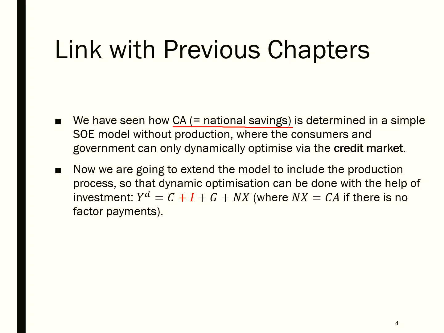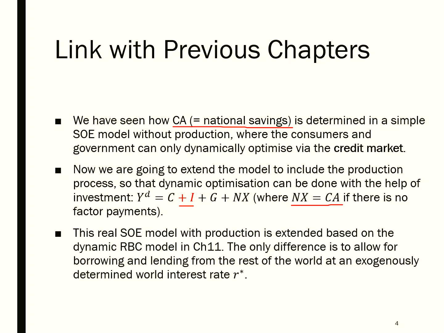This real small open economy with production is extended based on the dynamic RBC model in Chapter 11. It was called all-in-one RBC model. The only difference is to allow for borrowing and lending from the rest of the world at the exogenously determined world interest rate R star, but in the closed economy, this R is endogenously determined by the economy.